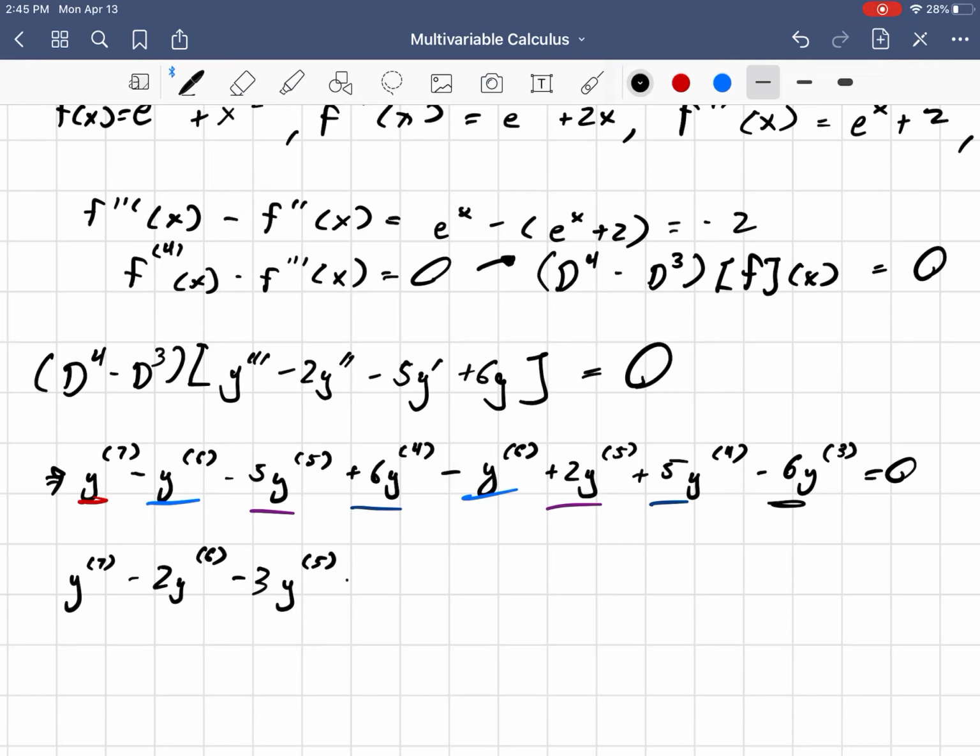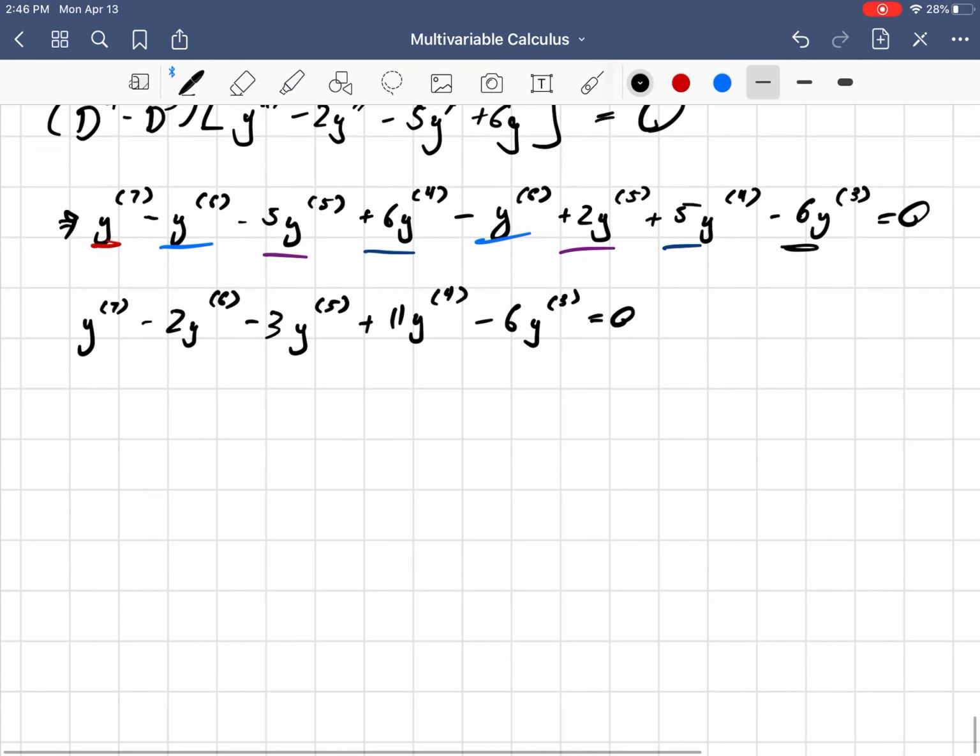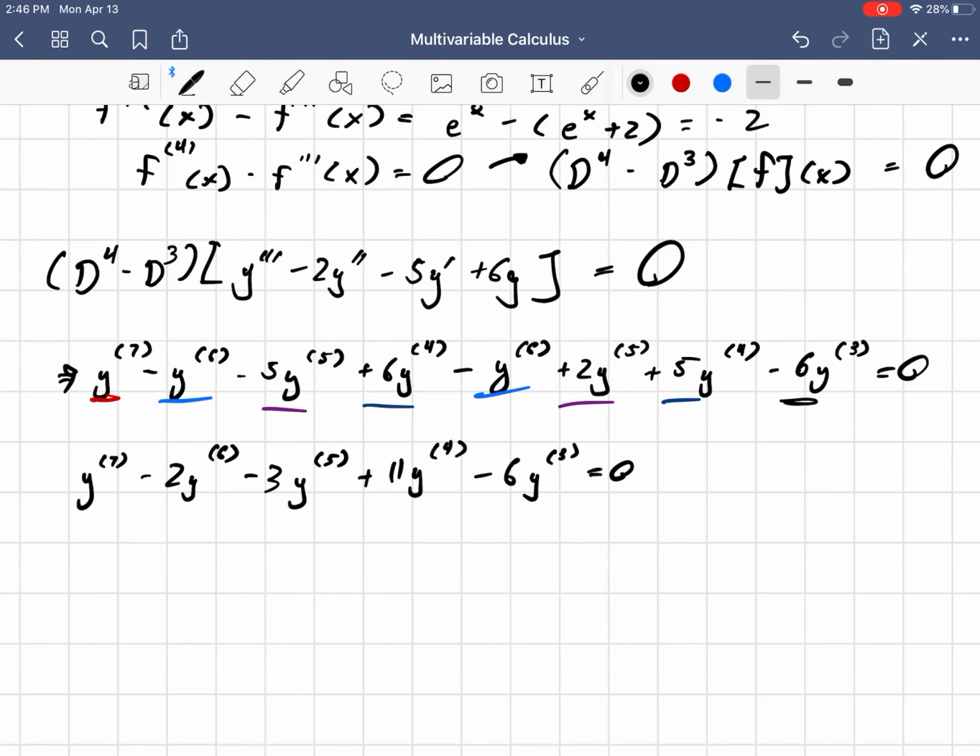Now we have minus 5 plus 2, so that's minus 3 times the fifth derivative of y. And then we have plus 6 plus 5, so it's plus 11 times the fourth derivative of y. And then minus 6 times the third derivative of y equals 0.